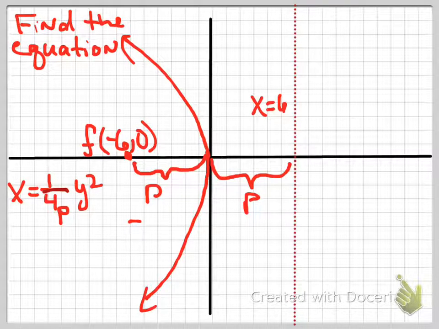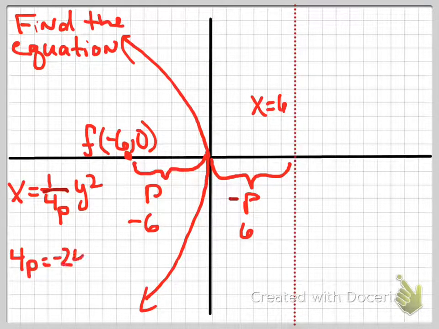This one actually is, keep in mind, negative p, the opposite. So we're saying here p is equal to negative 6. If I put that in there, 4 times negative 6 gives negative 24, because it says 4 times p and p is negative 6.